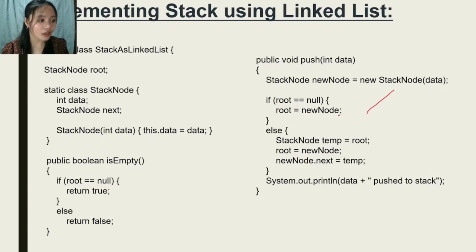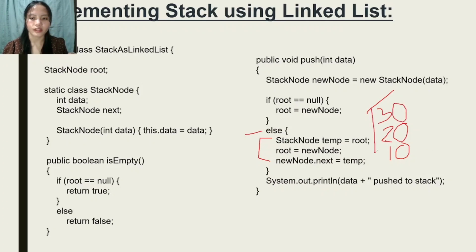Since the root is not null because it already has two values, the 10 and 20, or two nodes, let's proceed to else. Through this block of code, we'll be able to create a new node and our 30 will be placed. So we already have 10, 20, 30. We already have 3 nodes piled up. Okay, that's it.